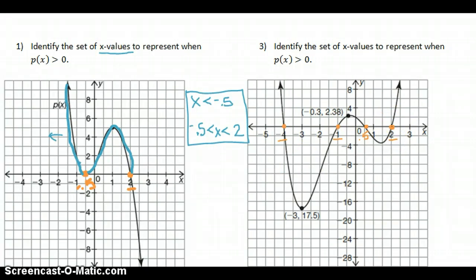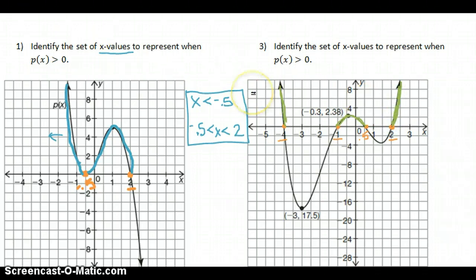In this graph, we're looking for values that are greater than 0. Very similar to the other graph, it just looks a little different because this is more of an even exponent. Greater than 0 would be this part of the graph, this section of the graph, and this section of the graph.